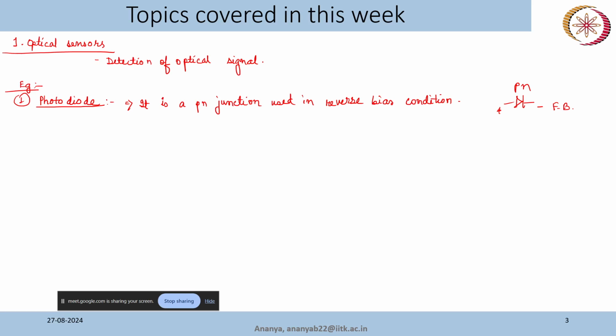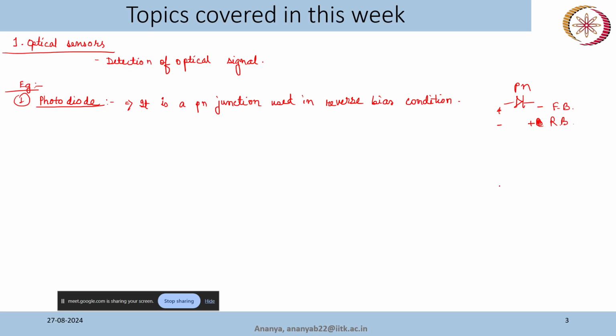Instead, if the PN junction is used in reverse bias condition, the current through the diode is already low. Then when the current changes due to photo generation, that change will be large compared to the reverse bias current, and that change can be detected by our measurement system.